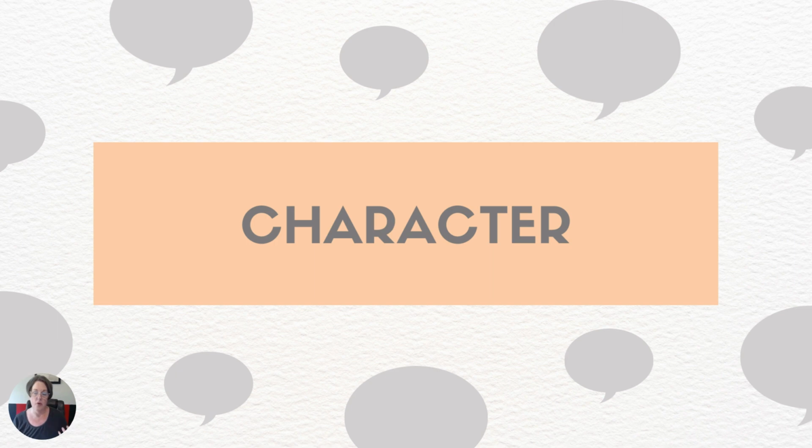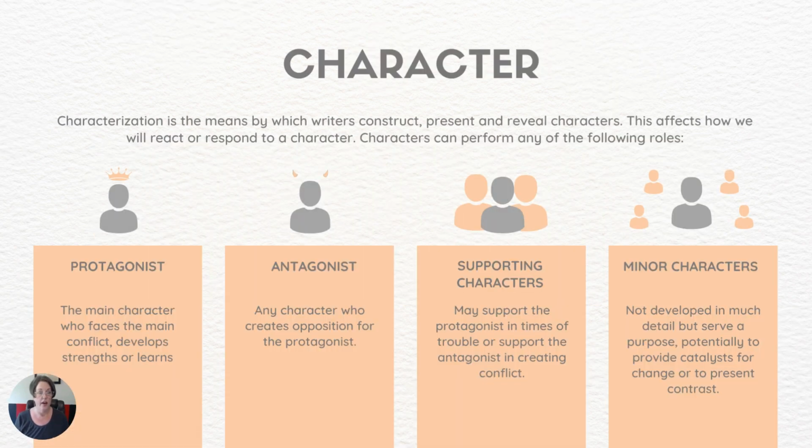Of course, the character in a personal narrative is going to be yourself. You are the narrator, you are the storyteller, and you are the main character in your own story. But we have different types of characters when it comes to the different stories that are being told. We have the protagonist, as I said, that's the main character.